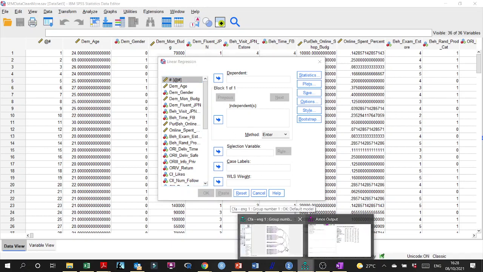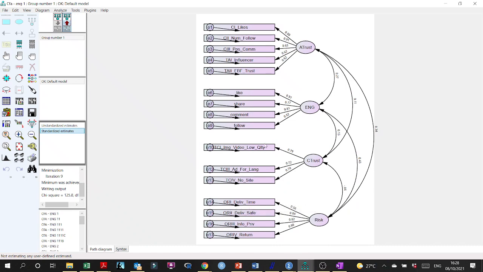Do you want to delete follow here because the VIF is no good for follow, or do you want to get rid of follow over here for engagement, which is the major goal of our study?